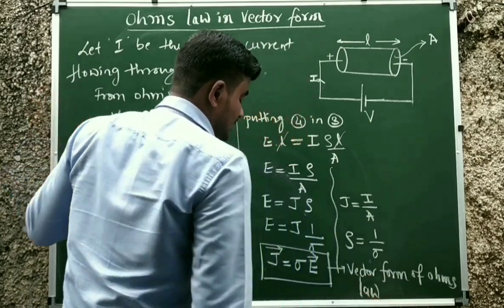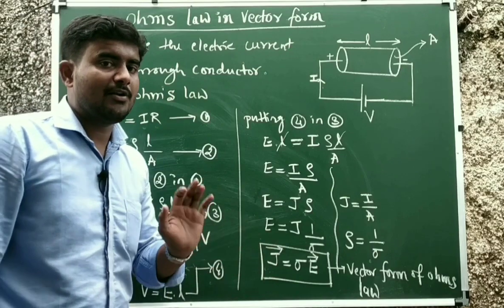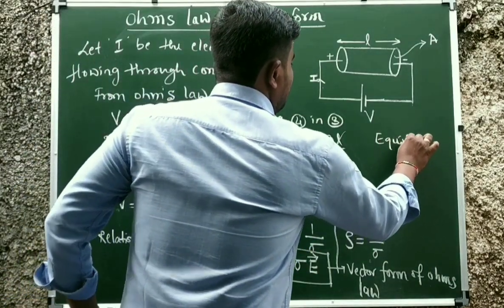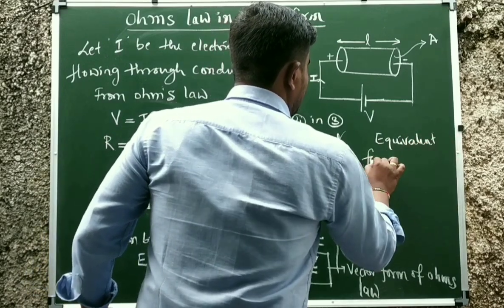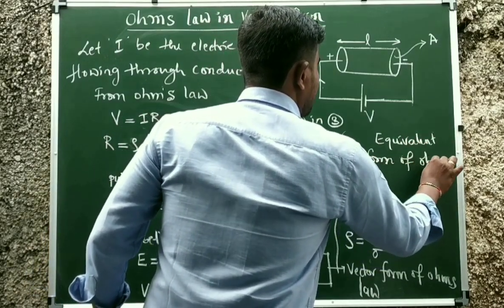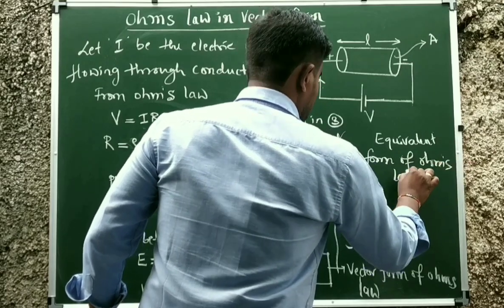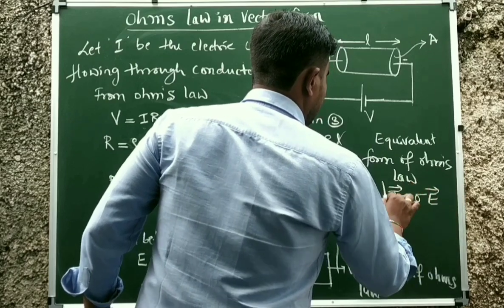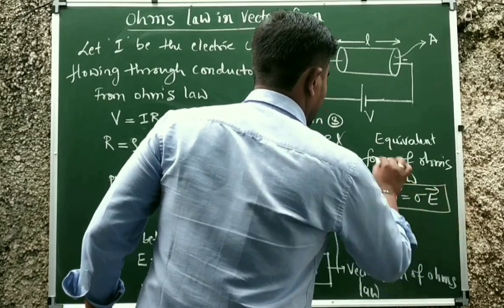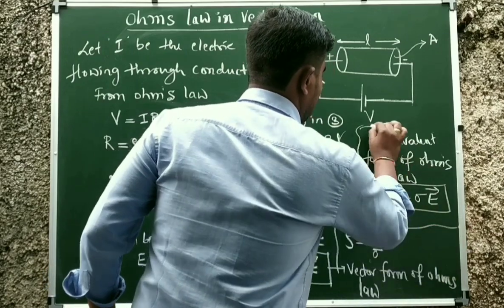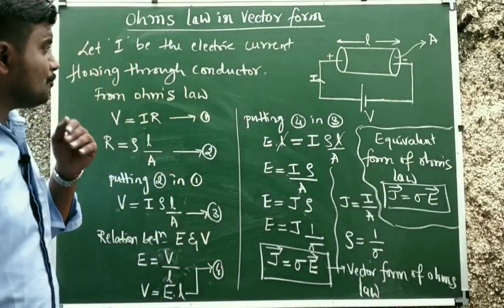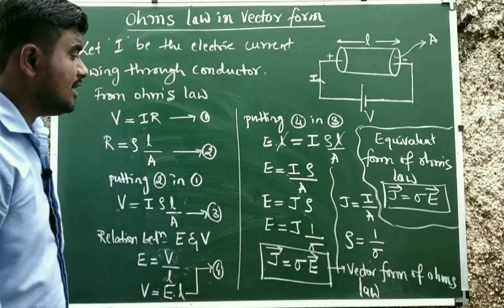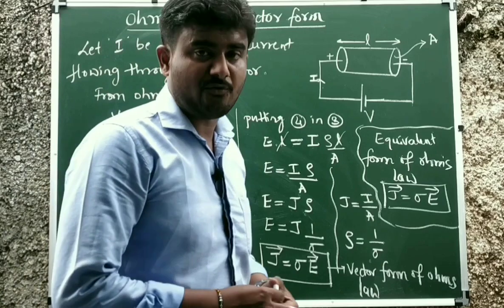Sometimes this equation is also called the equivalent form of Ohm's law, that is J is equal to sigma into E. So please note, my dear students, a very important equation, J is equal to sigma into E. So this is all about the vector form of Ohm's law.